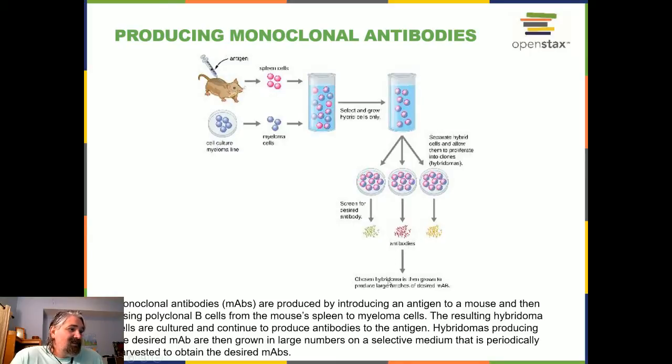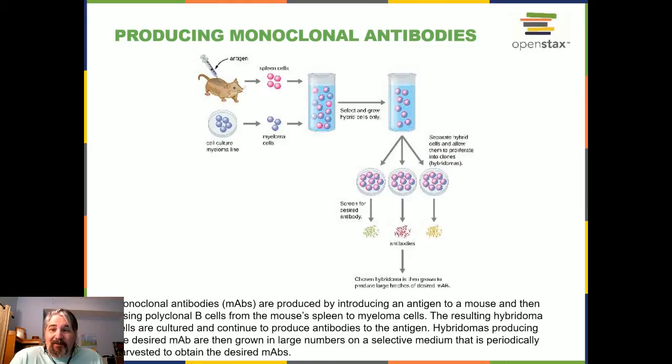And then you select and grow only the hybridized cells in culture. These are hybridomas, is the name for that. But they will be producing only the desired monoclonal antibody, which can be grown in large numbers on a selective medium that is periodically harvested to obtain the desired monoclonal antibodies.